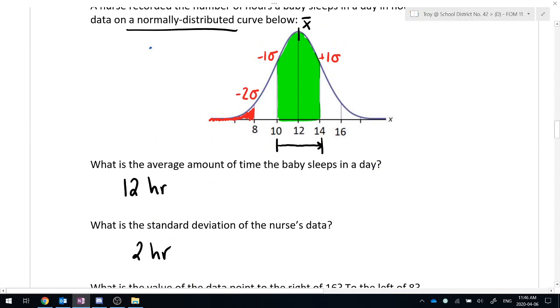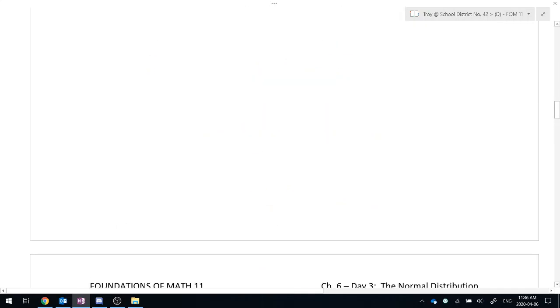We were dealing specifically with values where the baby was sleeping for exactly 12 hours, exactly 14, exactly 8, exactly 10. But what happens if we needed to discuss something at like 15 hours or 14 and a half hours?